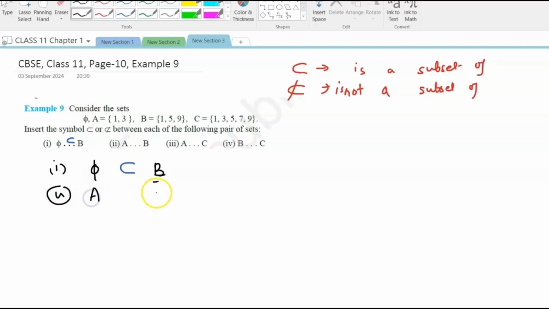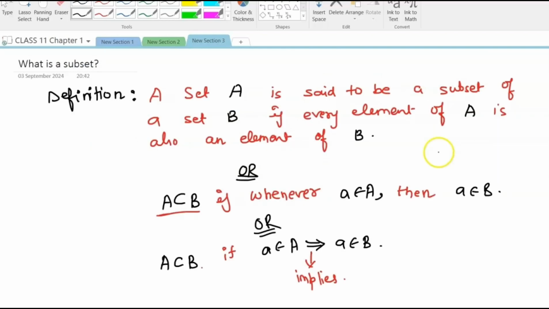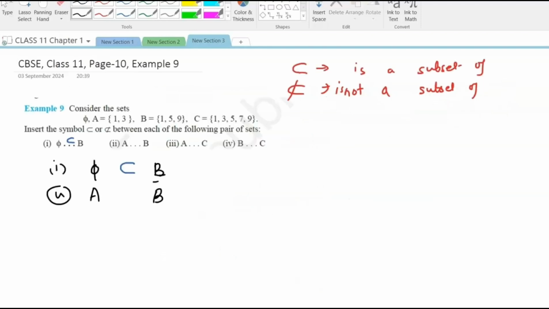Now let's see the next part. We need to find if A is a subset of B or if A is not a subset of B. To see if A is a subset of B, we simply need to see if every element of A is also an element of B or not.